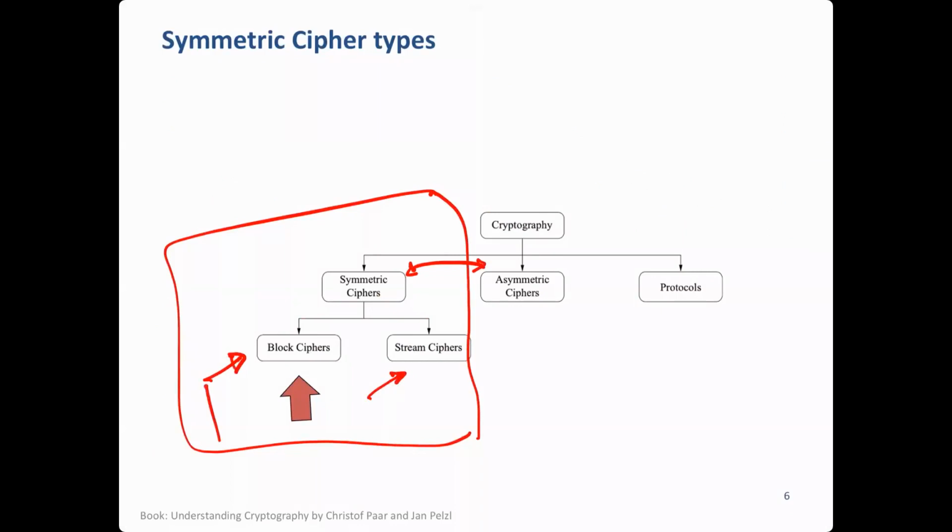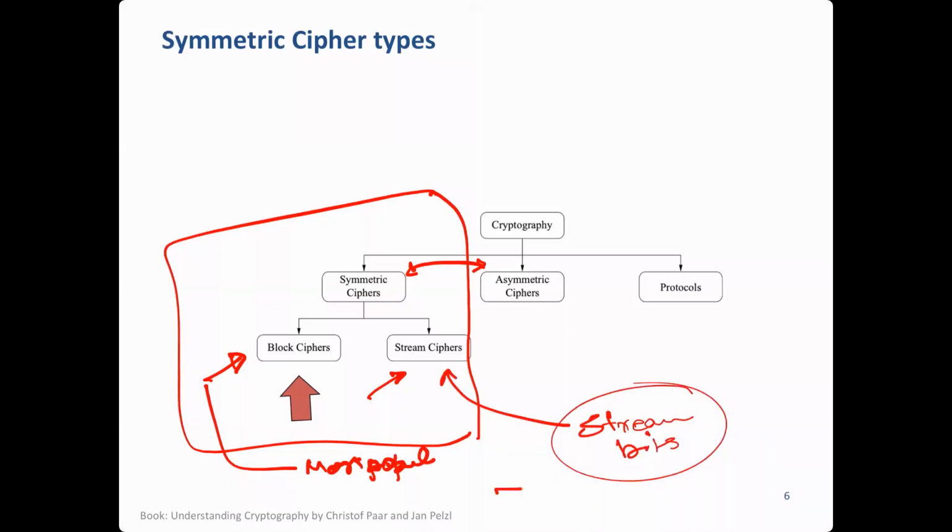Block cipher is the most popular. A stream cipher is mainly used for streaming bits, when you don't have too much time to do encryption, like when you are streaming a movie or whatever, then you can use stream ciphers.